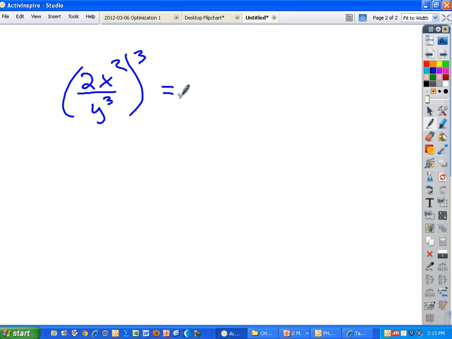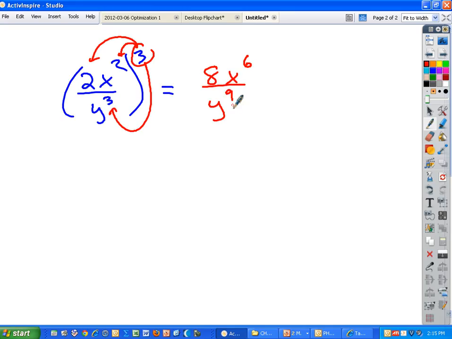What if I had 2x squared over y cubed, all cubed? I can take this power and distribute it to all of the factors on the top and the bottom, so it goes there, there, and there. And I get 2 cubed, which is 8, x to the 6th over y to the 9th.